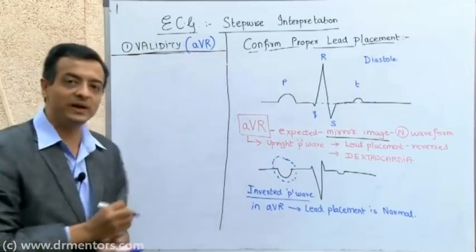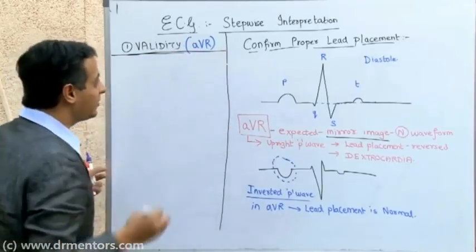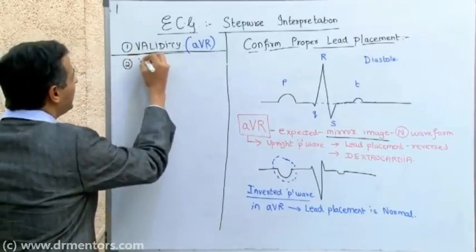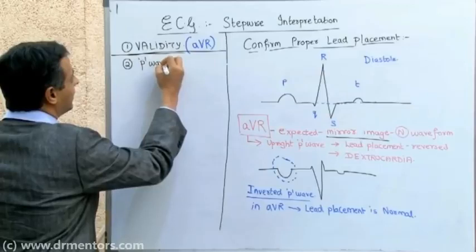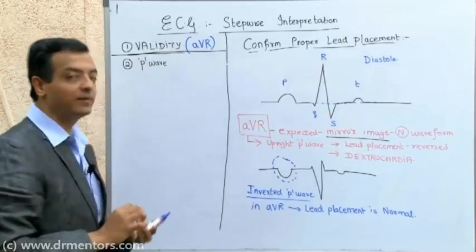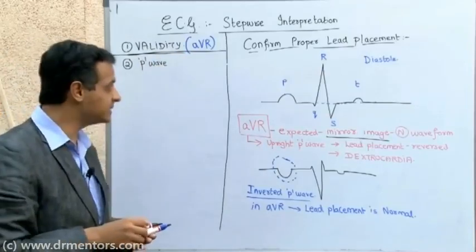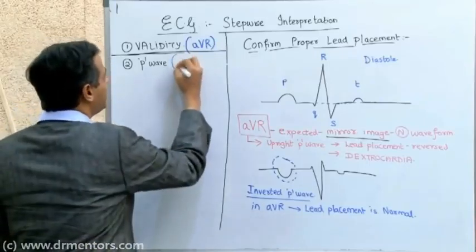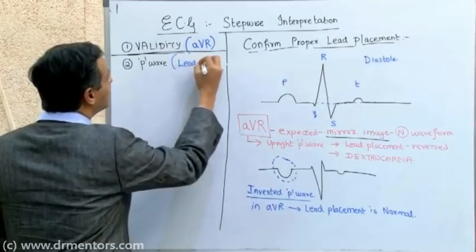One step completed. After confirming validity of the ECG, you want to look at the P wave. The second step of the ECG is to look at the P wave. What is the best lead? It is lead 2.